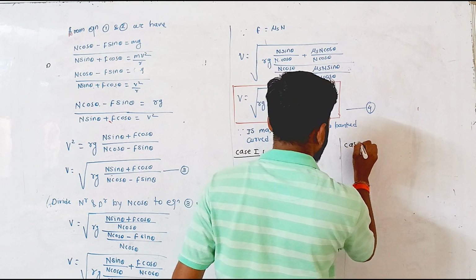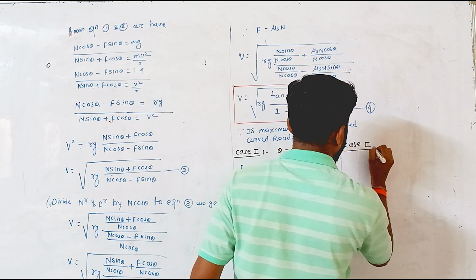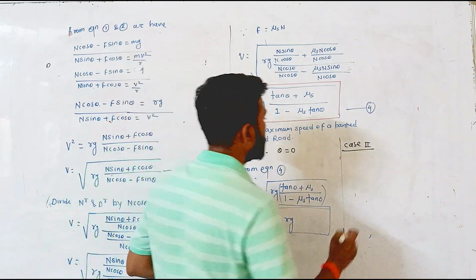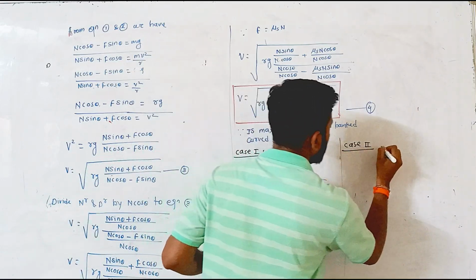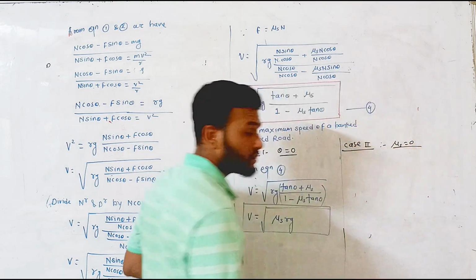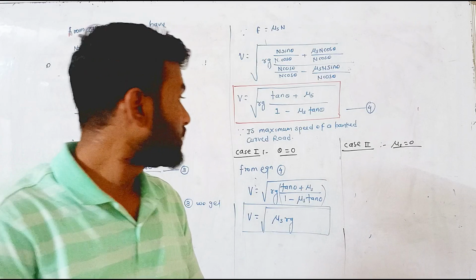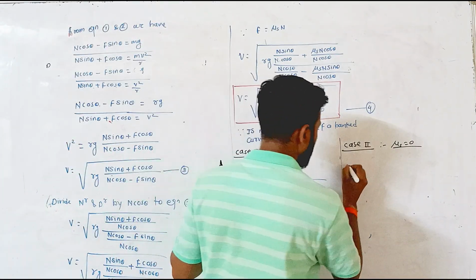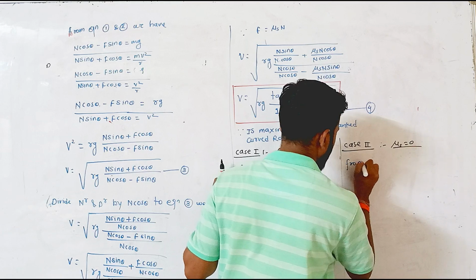In the second case, we put mu s equal to 0. Mu s means the coefficient of static friction.